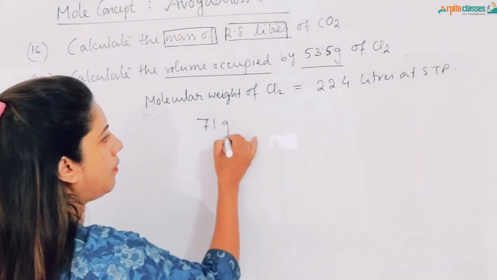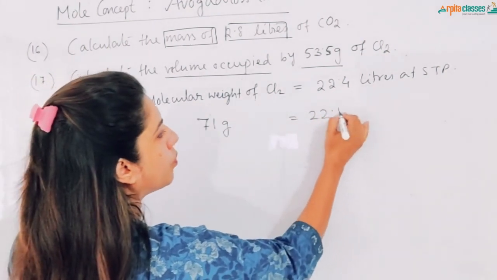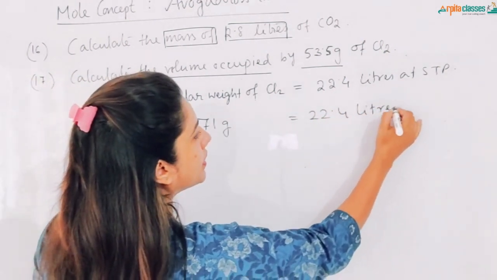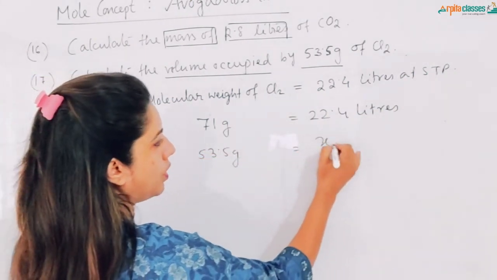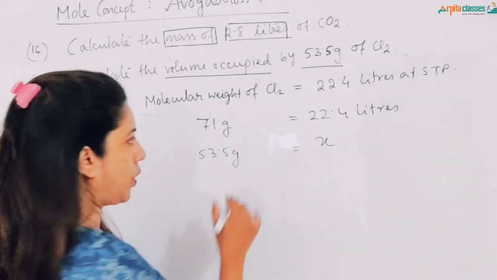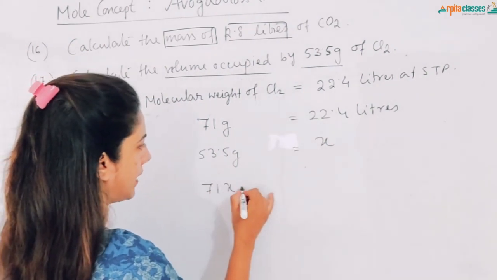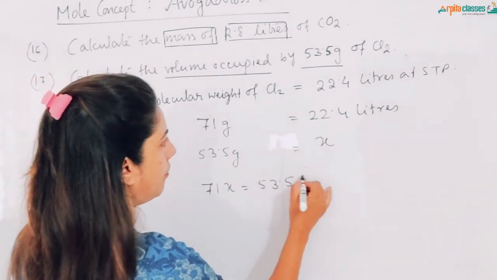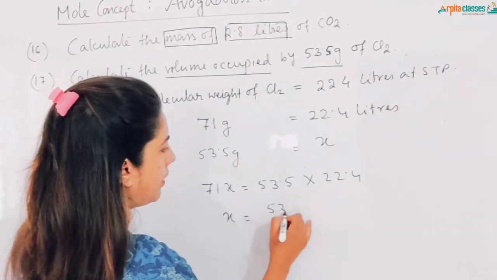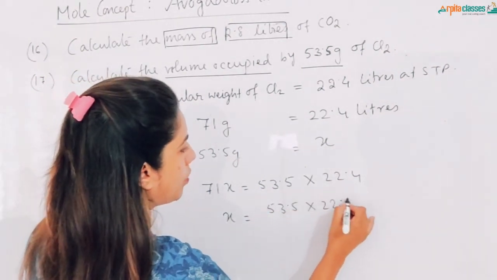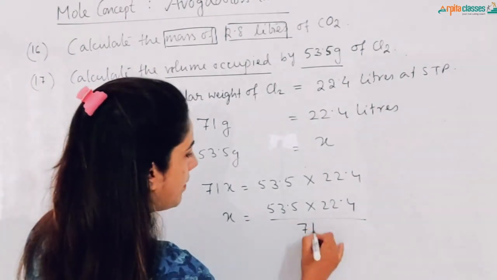So, we will write 71 gram is equal to 22.4 liters. Therefore, 53.5 gram is equal to how much volume? We will cross multiply: 71 x is equal to 53.5 into 22.4. Therefore, x is equal to 53.5 into 22.4 divided by 71.